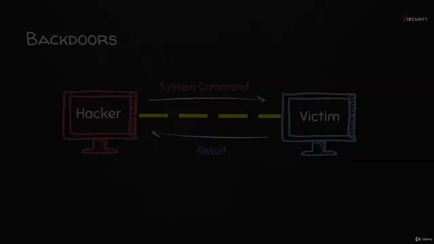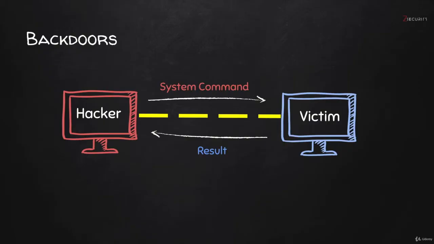Now, when we talk about a backdoor, it has to be interactive. So basically, we have the hacker machine and we have the victim machine. The backdoor gets executed on the victim machine. So it's just a program that's going to run on the victim machine. But when it does that, it's going to establish some kind of a connection between the victim and the hacker. And you can see this is represented in the yellow line.